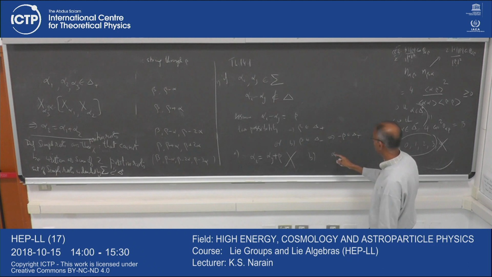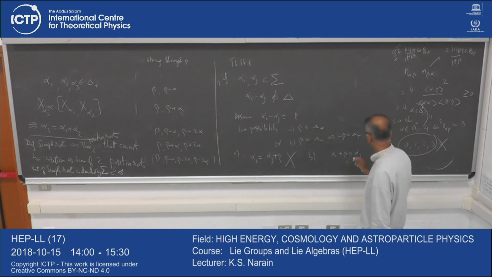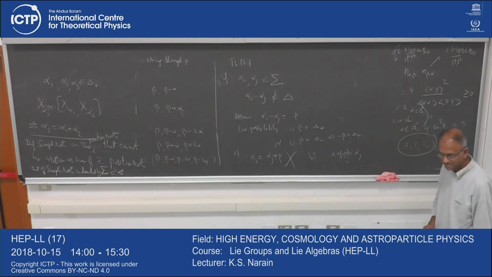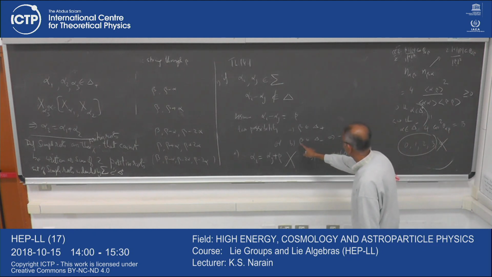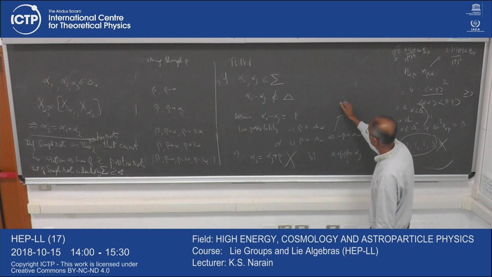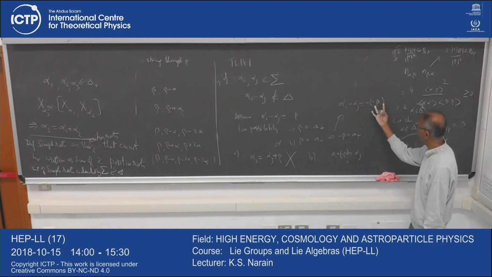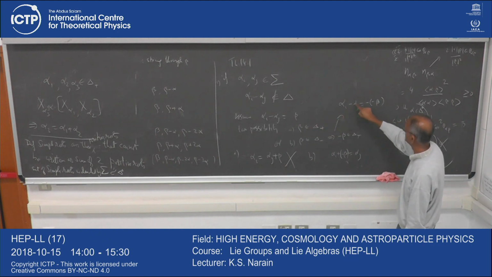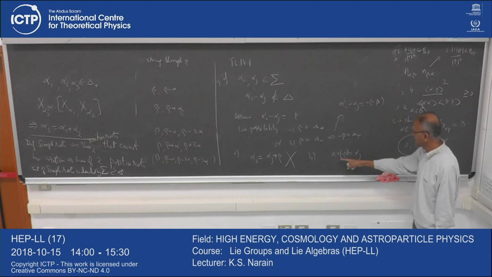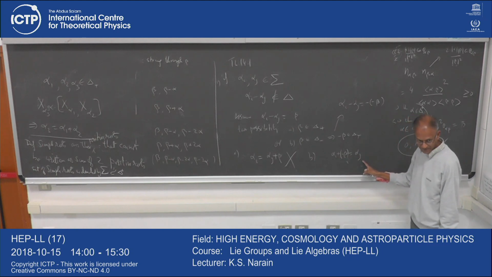Because this equation I can write as alpha i minus alpha j equal to minus beta, right? I haven't done anything. Now minus beta is a positive root. Take it to the other side, and bring this to the other side. So then you have alpha i plus minus beta equal to alpha j, right?